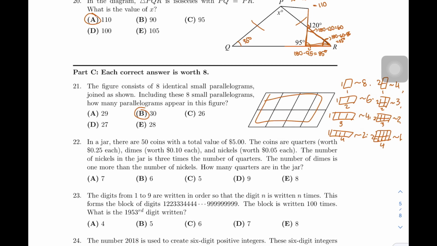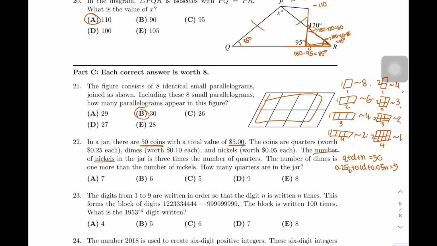So for this question, I'm going to use Q, D, and N to represent the number of quarters, dimes, and nickels. So Q plus D plus N equals 50, because there's a total of 50 coins. 0.25Q plus 0.1D plus 0.05N equals 5, because the total value is $5.